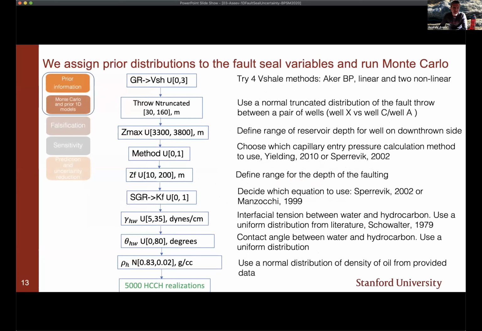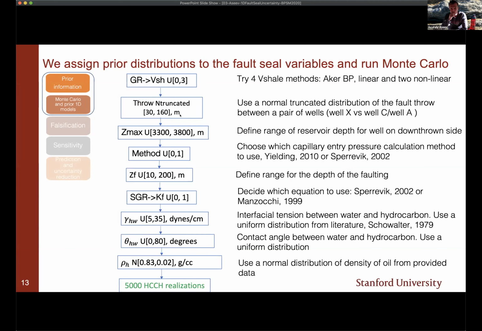First, we need to assign prior distributions to fault seal variables. So for example, for gamma ray to V-shell, we use 1 AKBP method for conversion, and methods from linear to extreme nonlinear to convert gamma ray to V-shell. So that's a uniform distribution where numbers 0, 1, 2, and 3 correspond to the conversion method. Then we use throw as a truncated normal distribution.